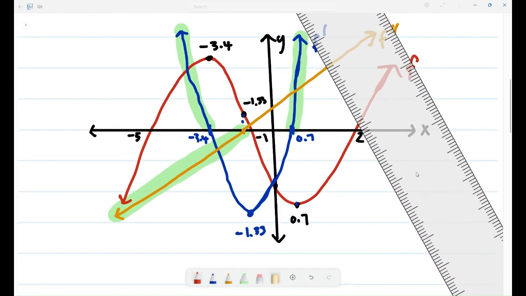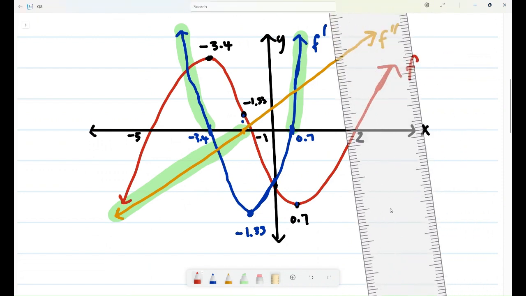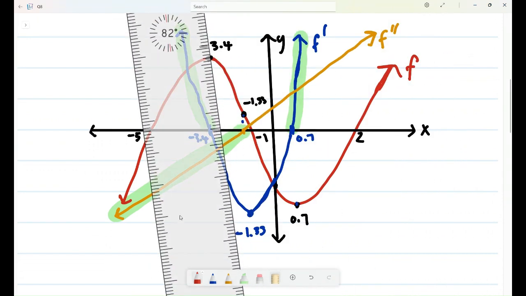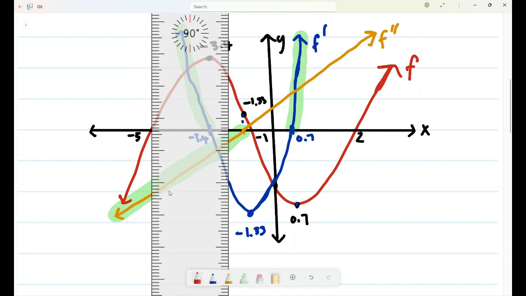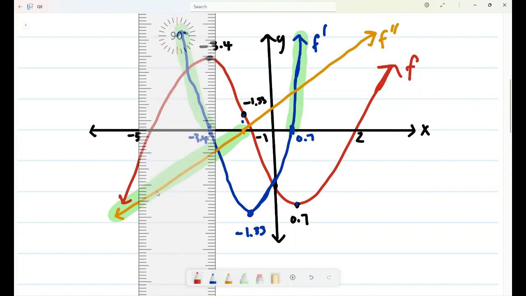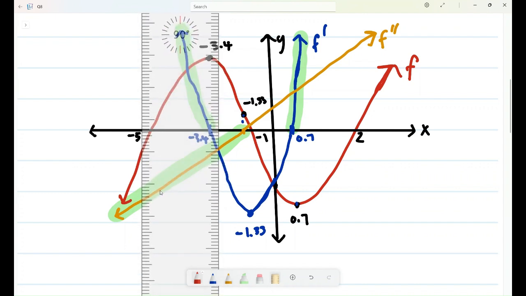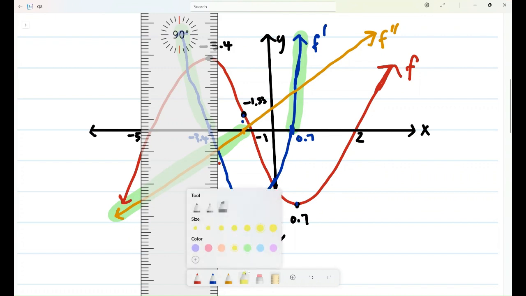From this point, I'm going to do this to 90 degrees so that you can see. I want you to check from this portion to the right of this. From this point to the right here, let me use a new highlighter.